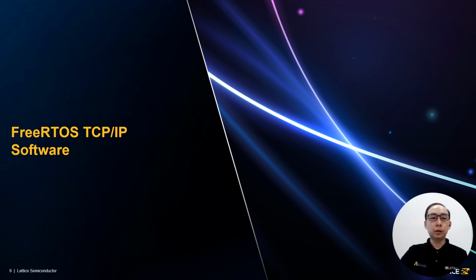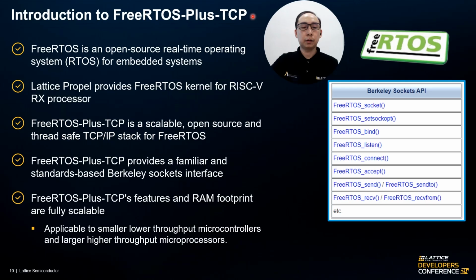In this section, we will look at the FreeRTOS TCP/IP software that is demonstrated on the Lattice GSRD. This is the introduction to the FreeRTOS+TCP network stack. FreeRTOS is an open source real-time operating system, or RTOS, that is widely used in embedded systems.